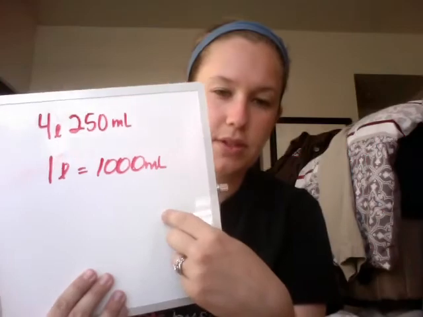So here, I have to look at this. This is why I told you to write it down, because I have to look. There are 1,000 milliliters in 1 liter. 1 liter equals 1,000 milliliters.